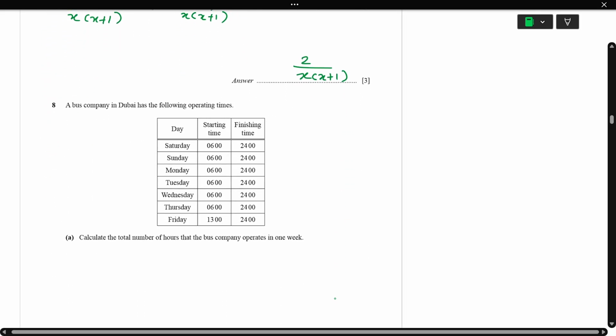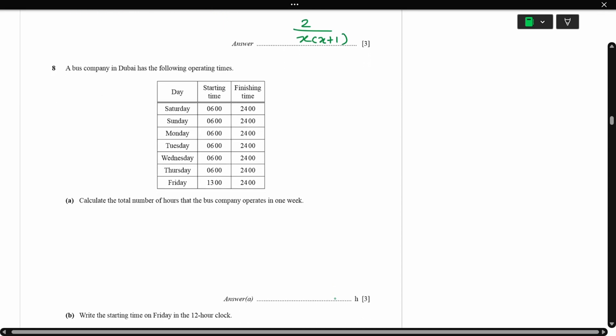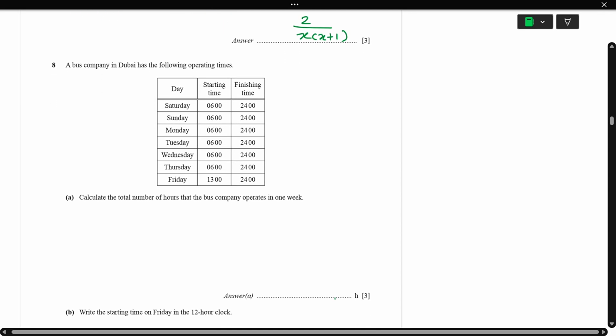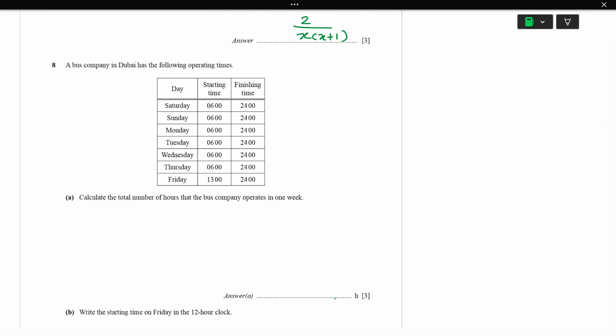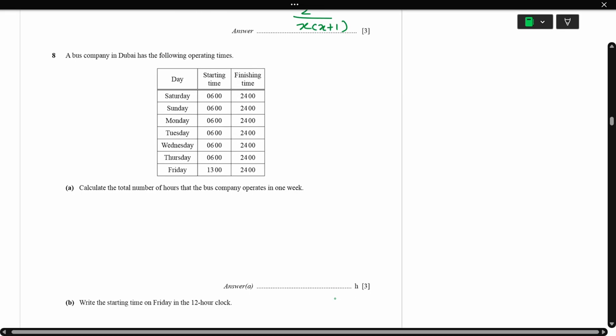The next one: a bus company in Dubai has the following operating times. Saturday to Thursday, the bus starts at 6 o'clock and the finishing time is midnight, 12:24. Calculate the total number of hours that the bus company operates in 1 week.